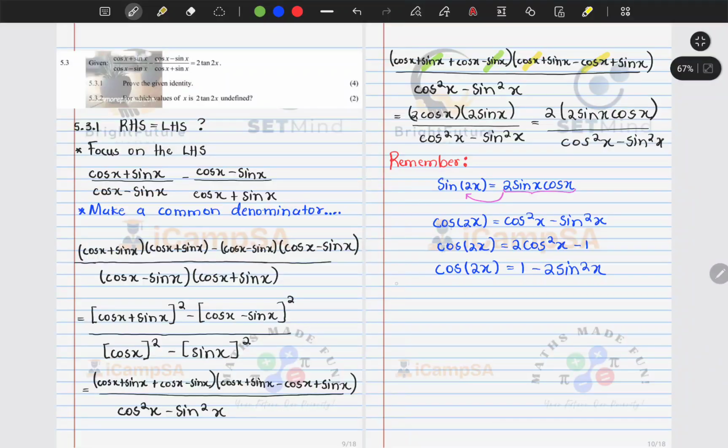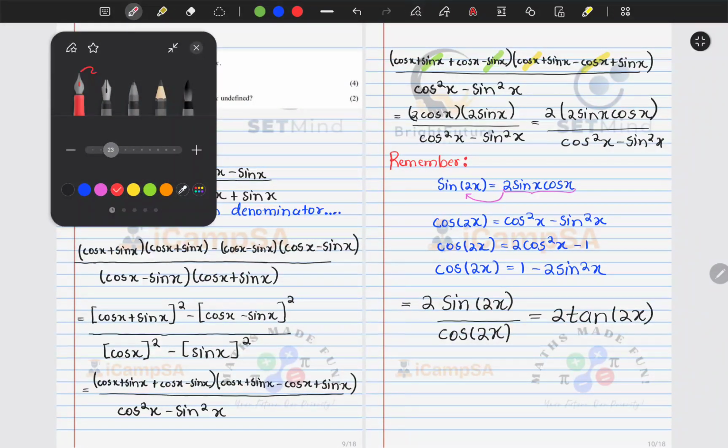Okay, so you will see that for our problem, on the numerator, we'll have sine of 2x. Then on the denominator, we'll have cos of 2x. And you will see that this becomes sine and cos dividing with the same angle. That becomes tan of that angle. Okay.